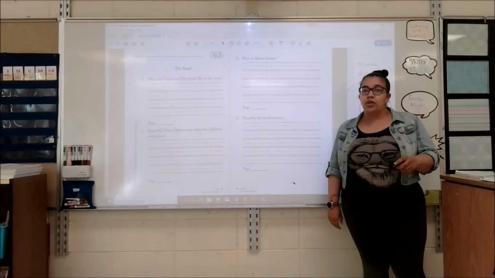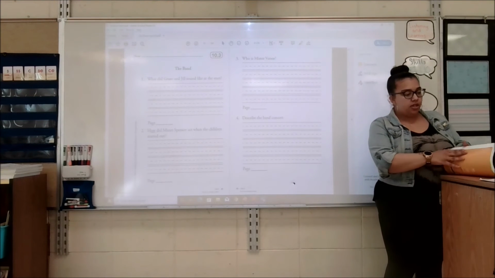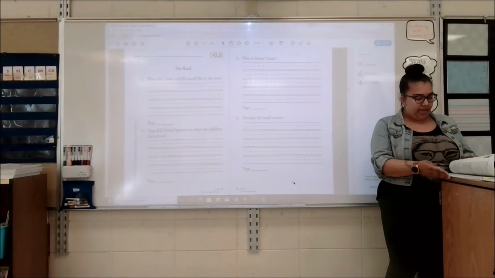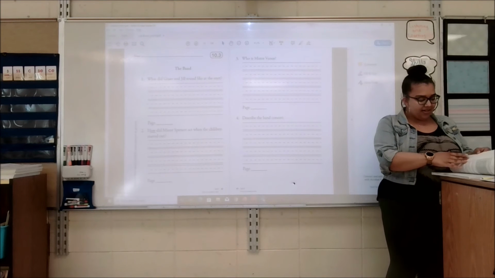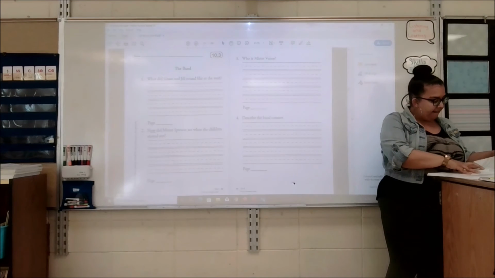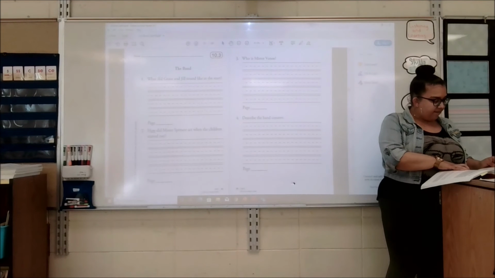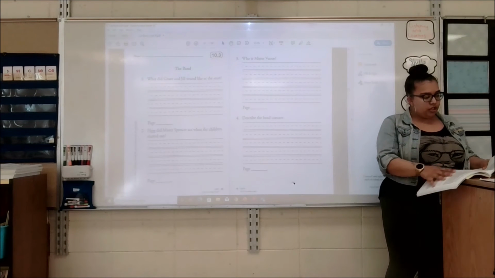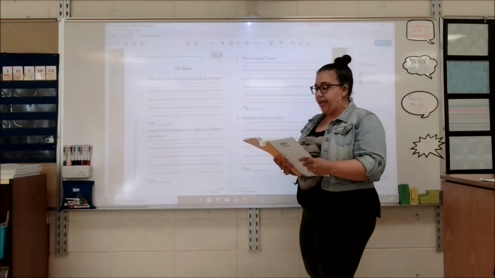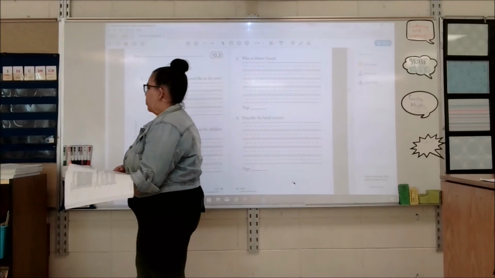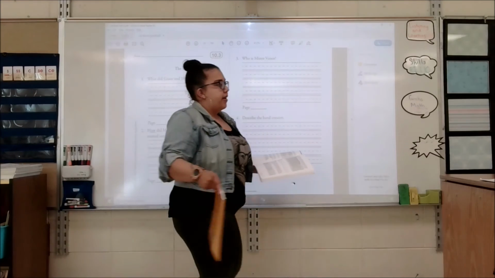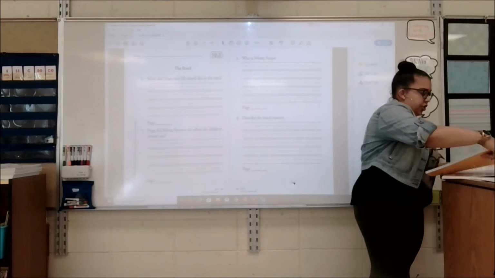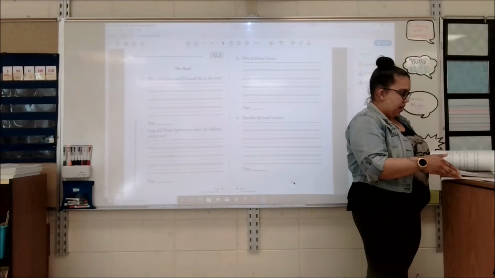And you're going to read a story today titled The Band. And so let me give you a little bit of preview. I remember doing this one last year. In this story, I know for a fact there's one word not listed here that I want to make sure I say to you correctly, because I remember it being an issue last year, and I don't want it to be a problem for you today.